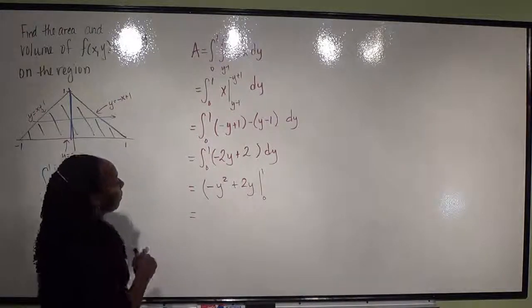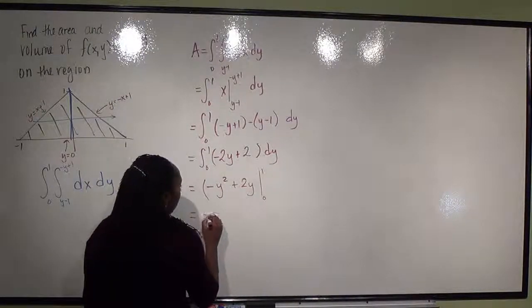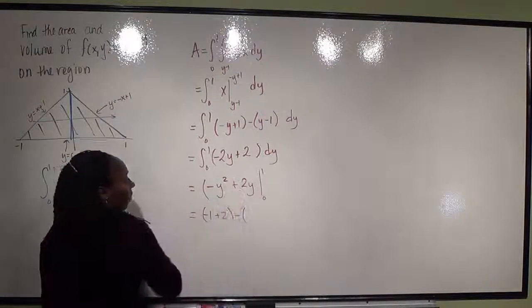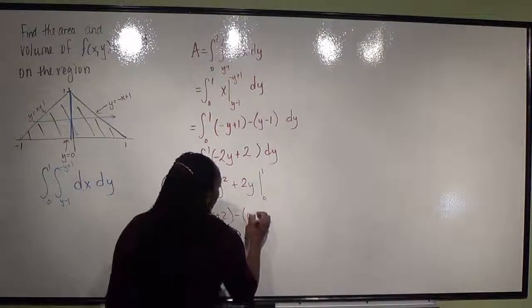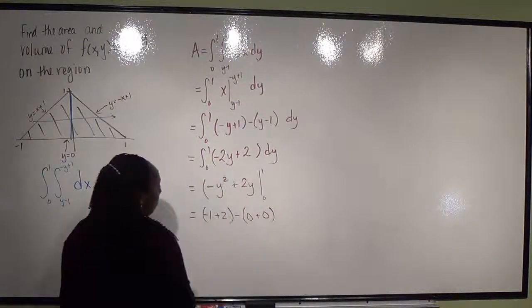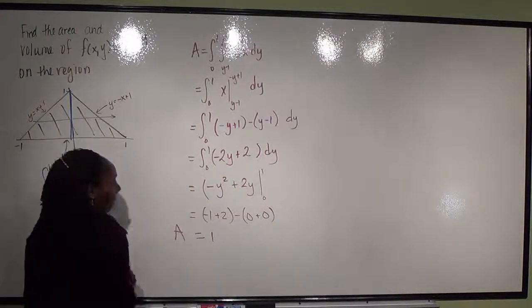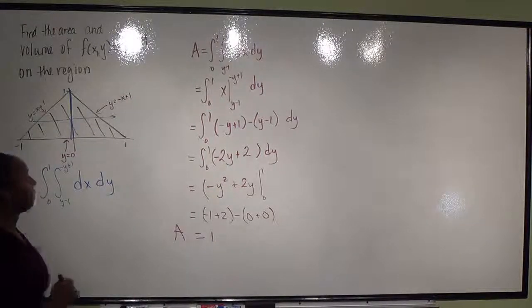At my upper limit, I can plug in. I'm going to get a negative 1 plus 2. At my lower limit, we can see that's going to go away. We'll just get 0. So my area here is just going to be 1.